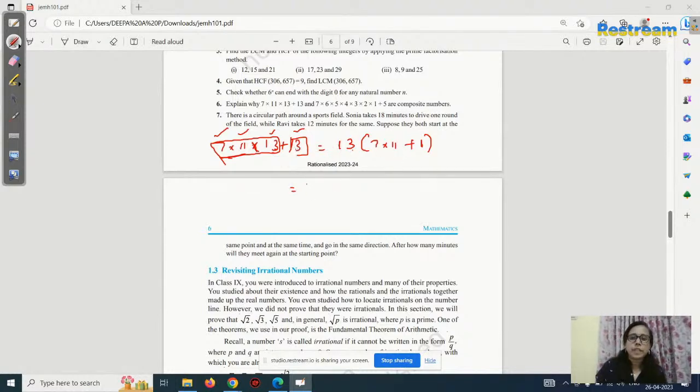That is equal to 13 into, 7 into 11 is 77, plus 1, is equal to 13 into 78, right?